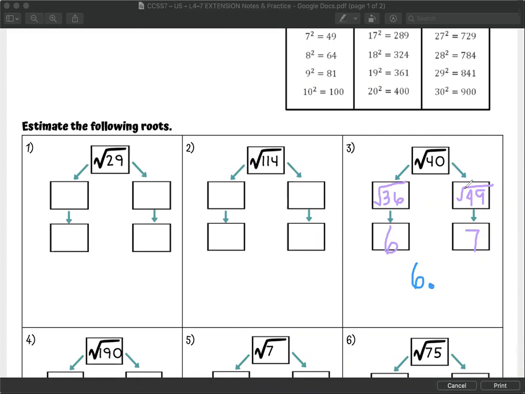I like to look at what's our halfway point between 36 and 49. That would be at 41.5. No, 42.5. 40 is less than that, so I know that it should be less than halfway. Maybe I guess around 6.4. It's not 6.5, it's close to 6.4. I'm going to put my squigglies to show that it's about that.